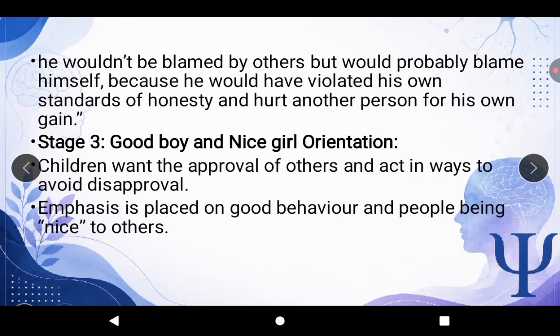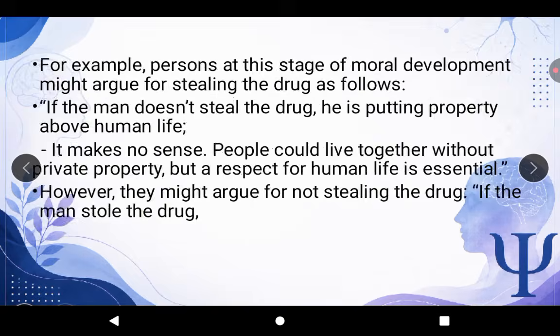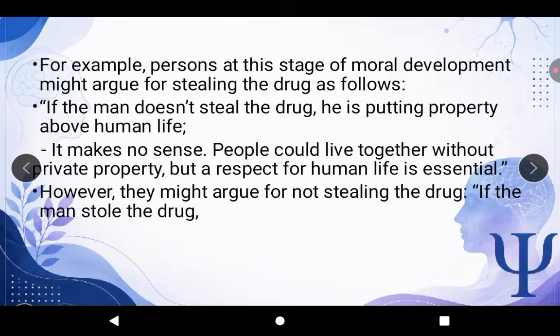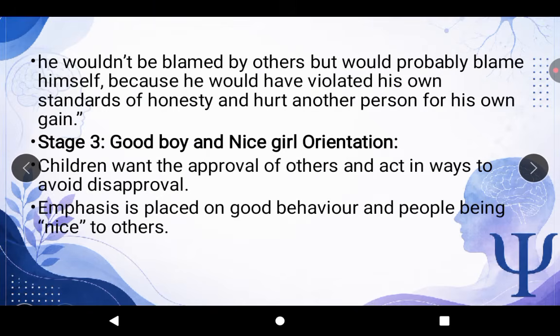Okay, so stage 3, apart from the pre-conventional levels, we are now going to look at what is known as the good boy and nice girl orientation. So children, every time, want certain approvals from others.